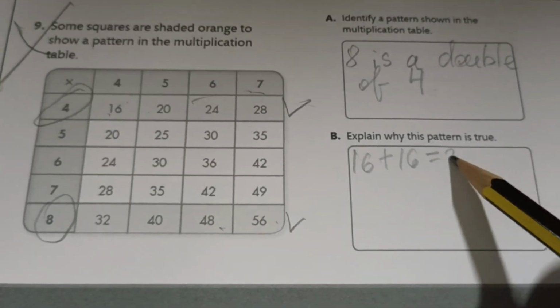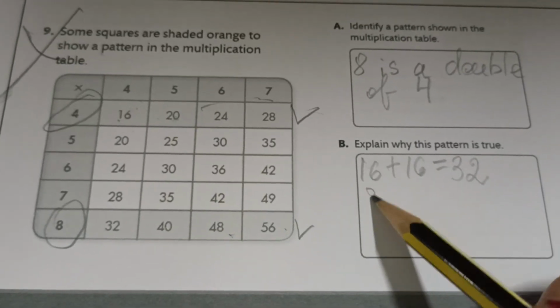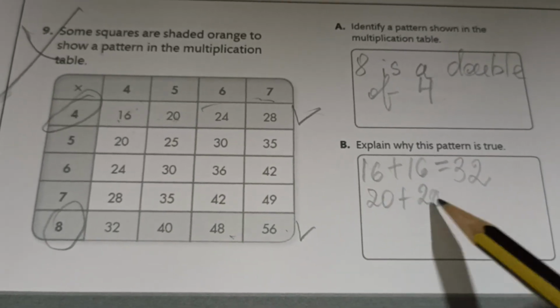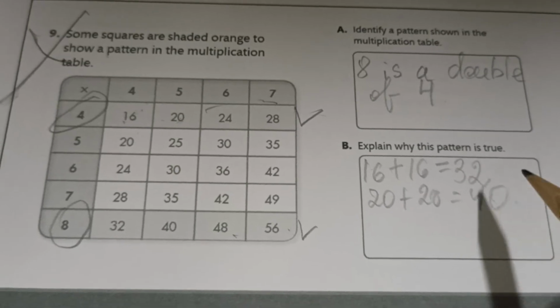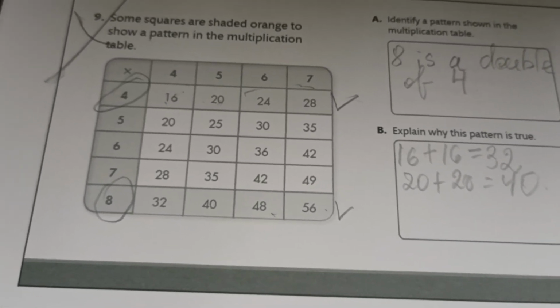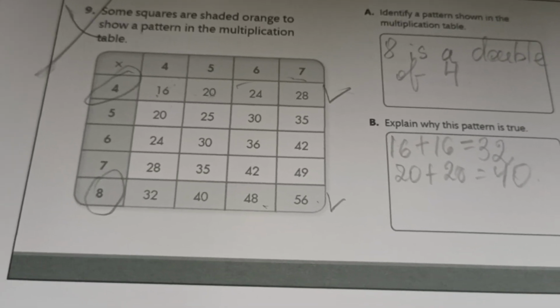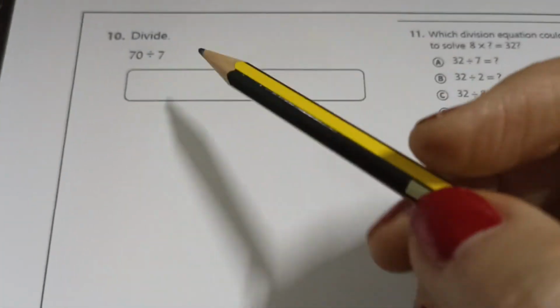This is like the pattern of doubling. Then you have here 20. If you double the 20, you get 40. Okay, we are just explaining the pattern. How does the pattern work? Okay, but on the test I don't need this.